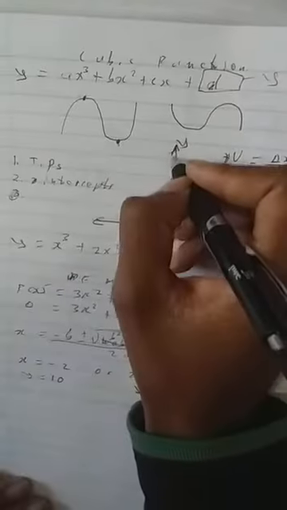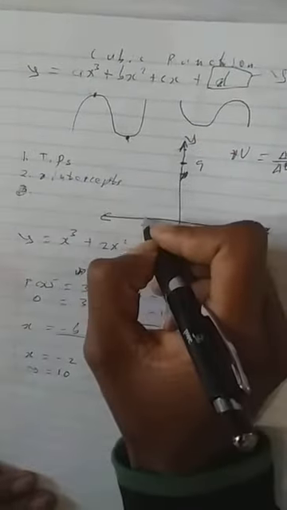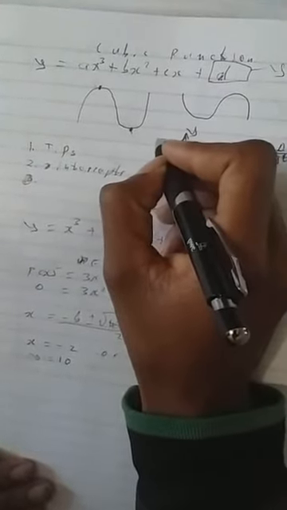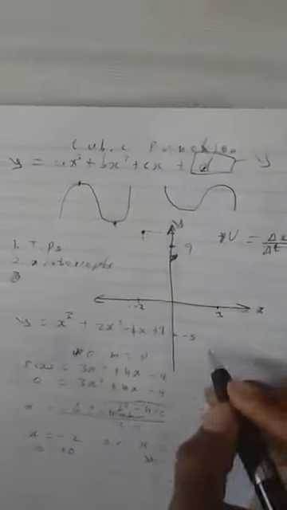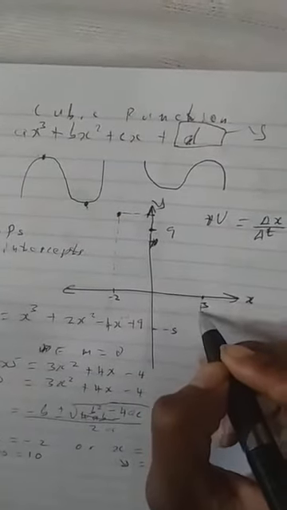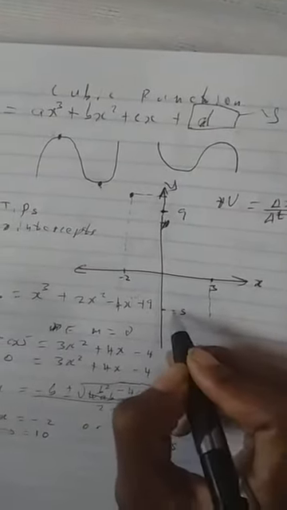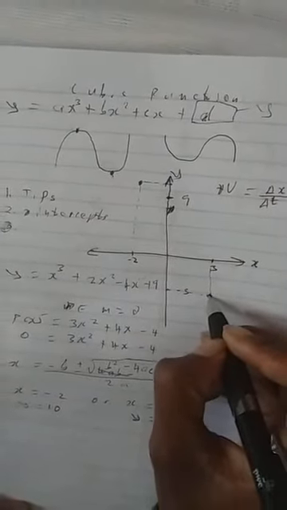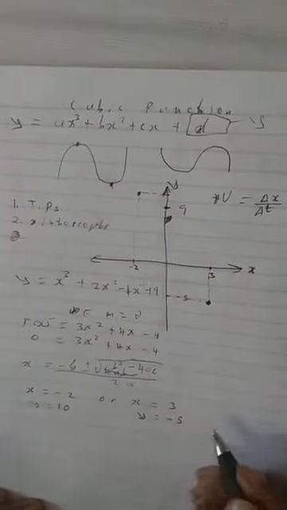Okay, and let's say this is our 10. 10 is here. So the turning point needs to be here. The first turning point needs to be here, and the second turning point needs to be here. Okay, so those are the points of the turning points.